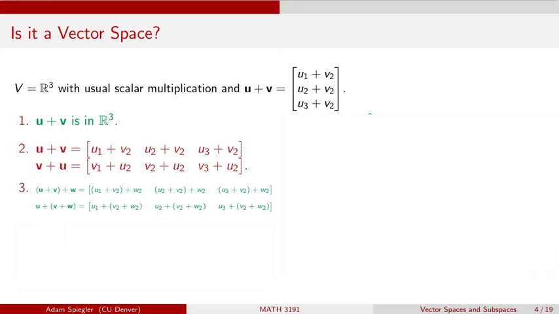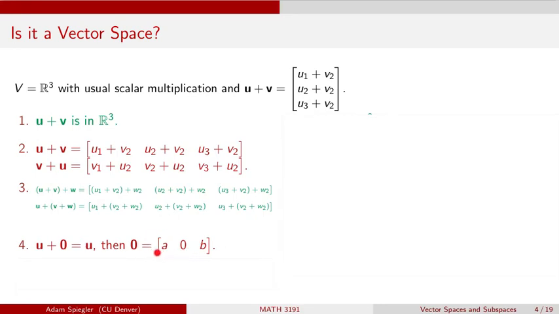But the associative property is actually satisfied. When it comes to looking at the zero vector, here you can see that we actually have different types of zero vectors that we could use.